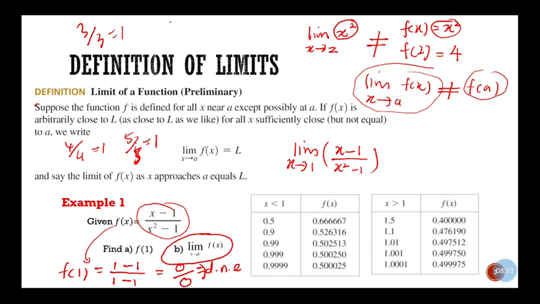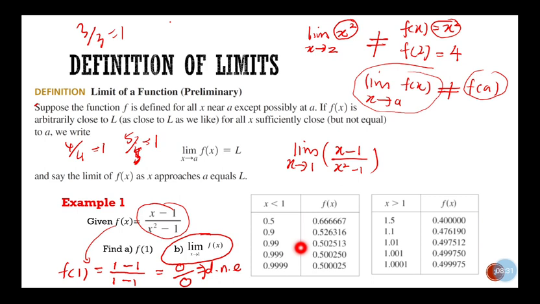How do we check? One approach is like this. We use a conventional technique where we substitute values where x is approaching 1. As I said, limit means that x is approaching a number, not x equals that particular number.